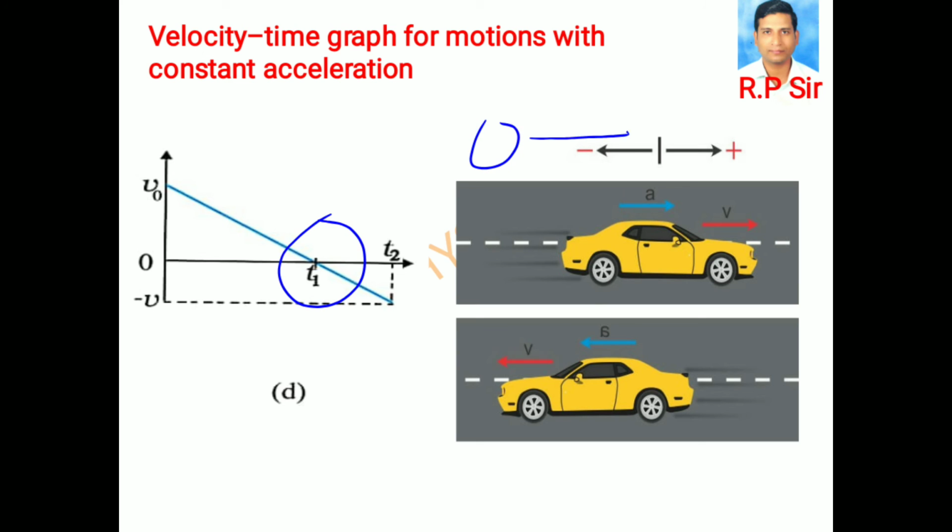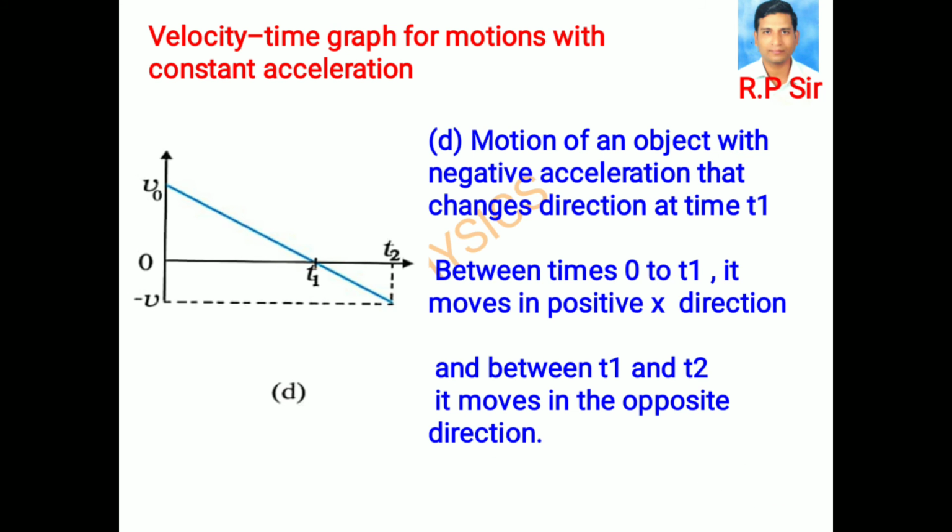Between 0 to t1, it moves in the positive x direction, and between t1 to t2, it moves in the opposite direction, that is negative direction.